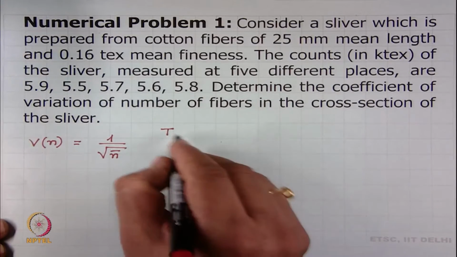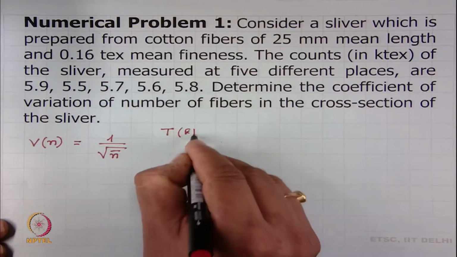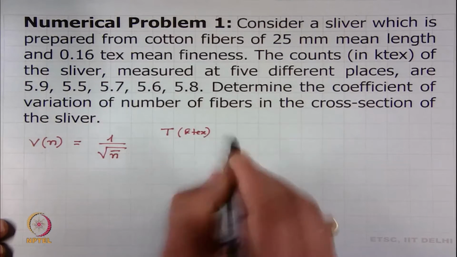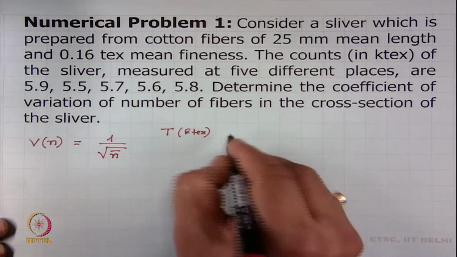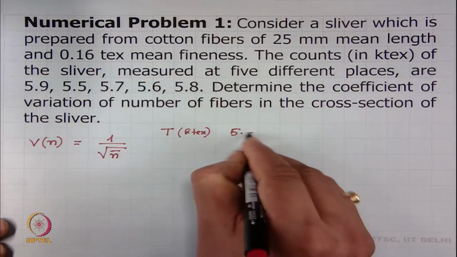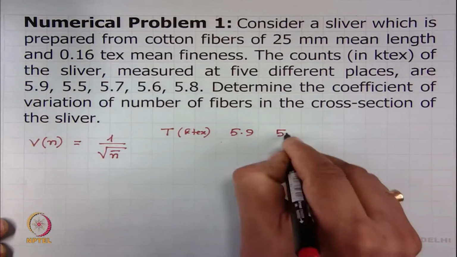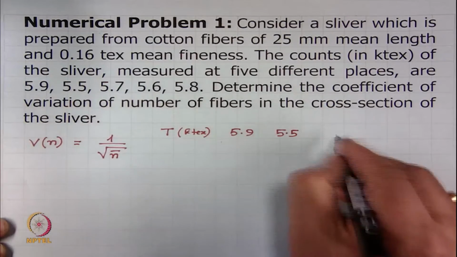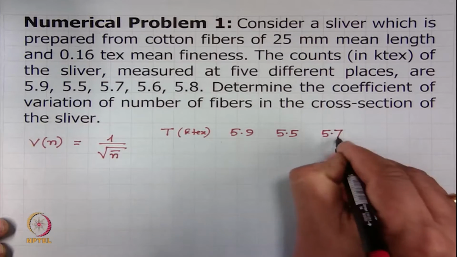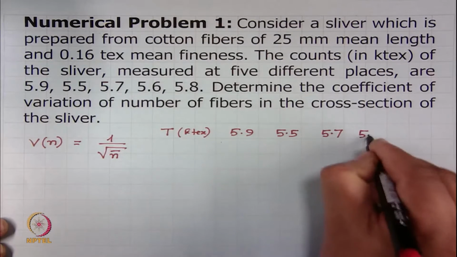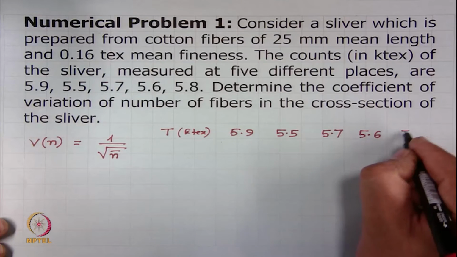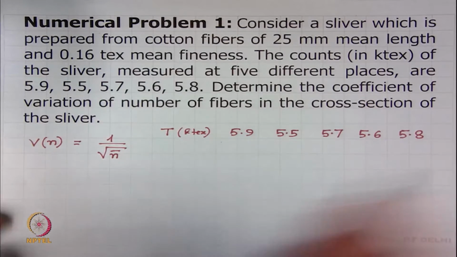Capital T in kilotex: 5.9, 5.5, 5.7, 5.6, 5.8.